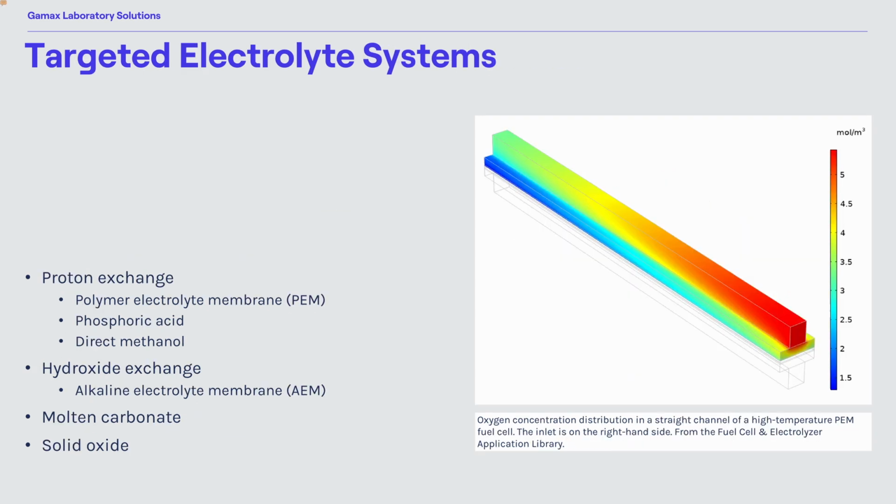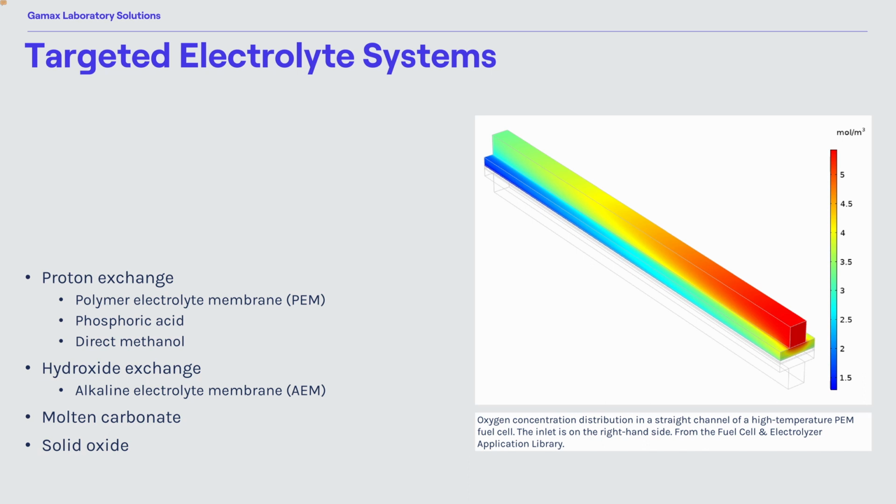Okay, so let's go further. Different types of these systems are available. Proton exchange membrane, or PEM, are available. We will walk through some of these models, how they are set up and what different boundary conditions we can achieve. Hydroxide exchange is also possible, that's included in the model's capabilities.